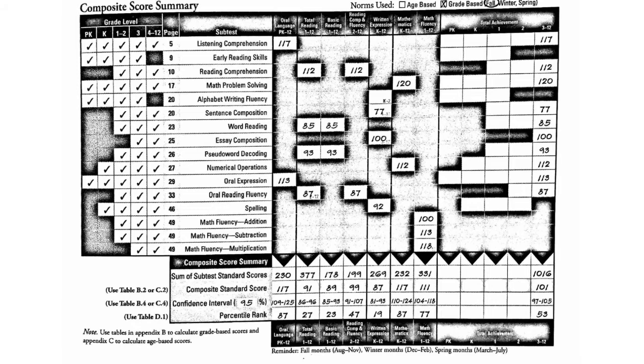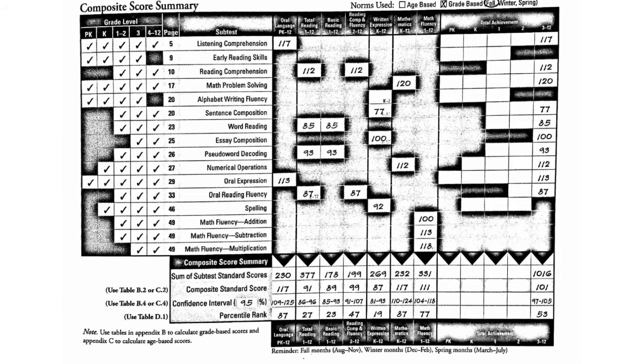That's the sum of the subtest standard scores. We can then take that 230, look it up in our normed reference guide based on that student's chronological age, and we can get a standard score for that composite. So in oral language, the standard score for that composite was 117, indicating that this student is performing above average in oral language skills. Okay.